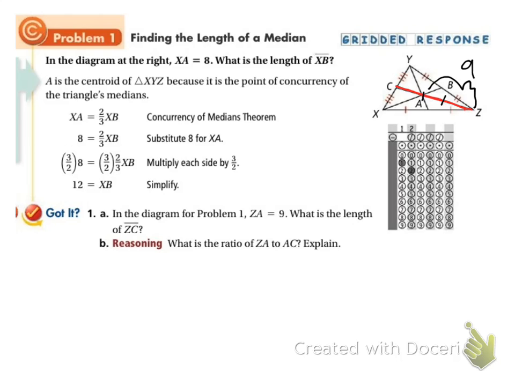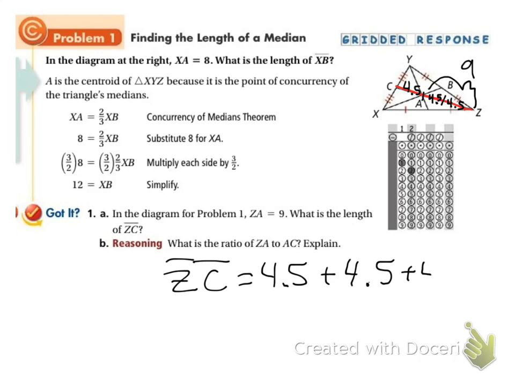So, if this is 9, each of these is 4.5, right? So this one is also 4.5. So then ZC is 4.5 plus 4.5 plus 4.5, which is 9 plus 4.5, which is 13.5. Right, and down here we have AC would be 4.5 if we were asked to find that.